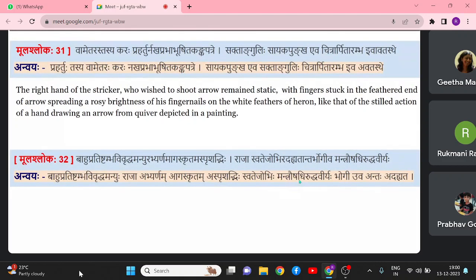What is it? Mantroshadi ruddhaviryaha bhogi iva. Sorry, it is not uva, it is iva. Iva antaha adahyata. His state is being compared to that of a snake. What kind of snake? A snake hissing and moving forward to attack, but it is stopped. That snake is stopped. How?